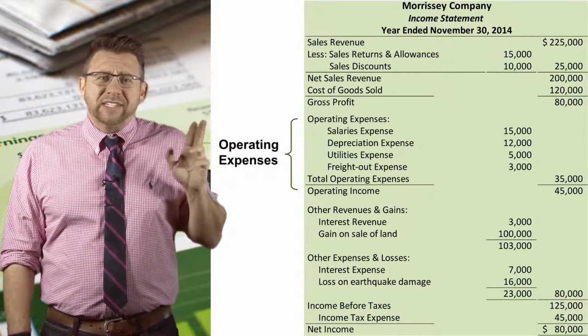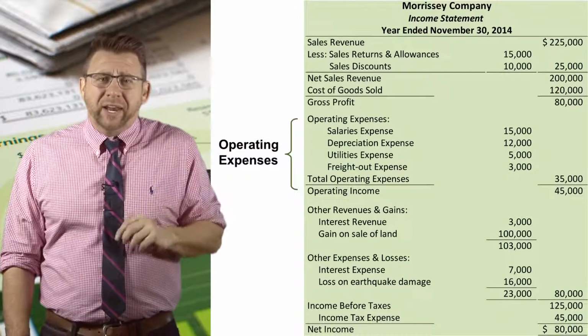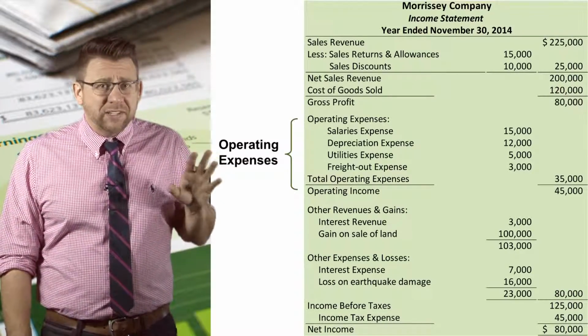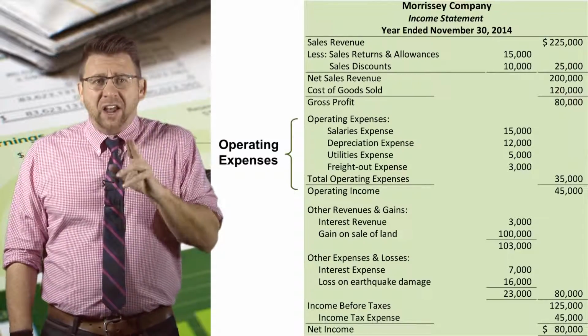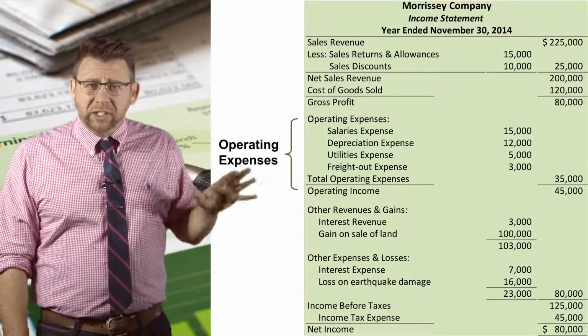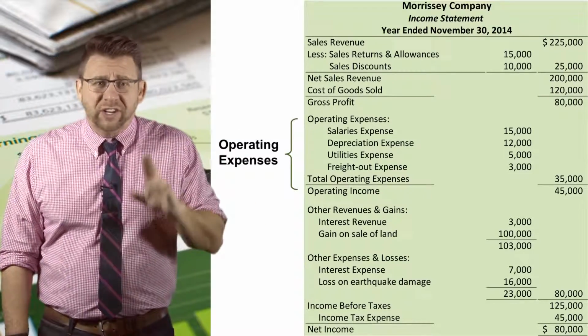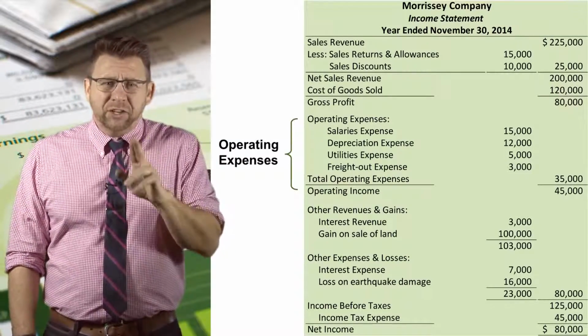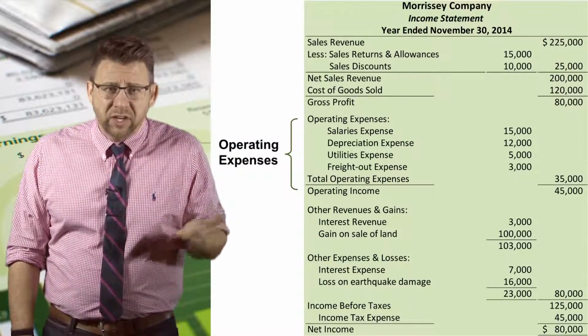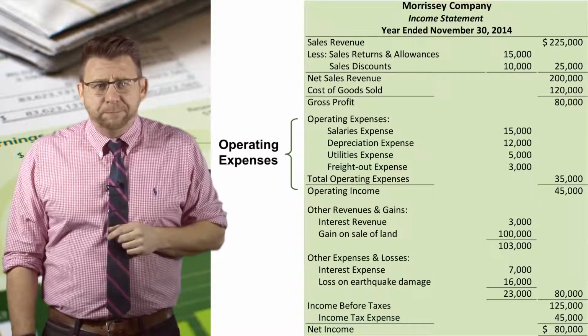The next section lists all of the operating expenses of a business. Notice that not all expenses are listed here because not all expenses relate to operations. The most notable expense that doesn't belong in this section is interest expense, because interest expense relates to how a business finances its operation, not operates it.